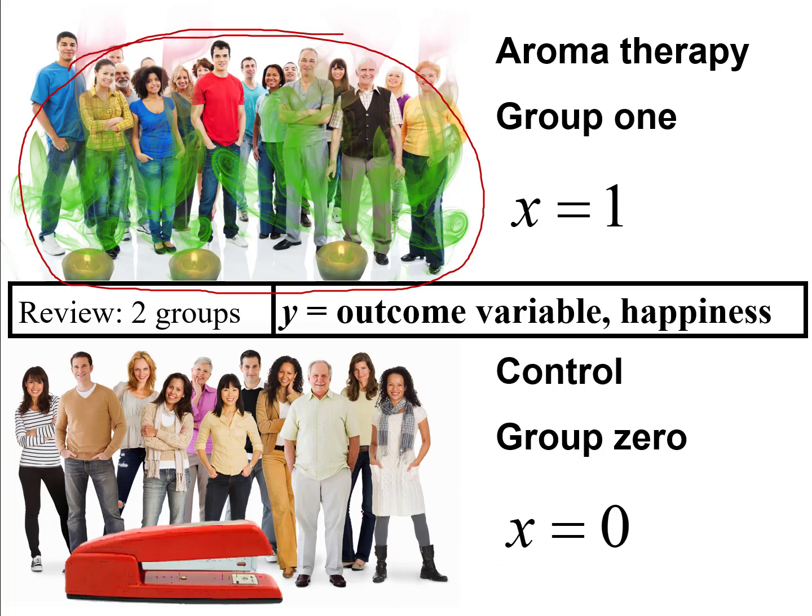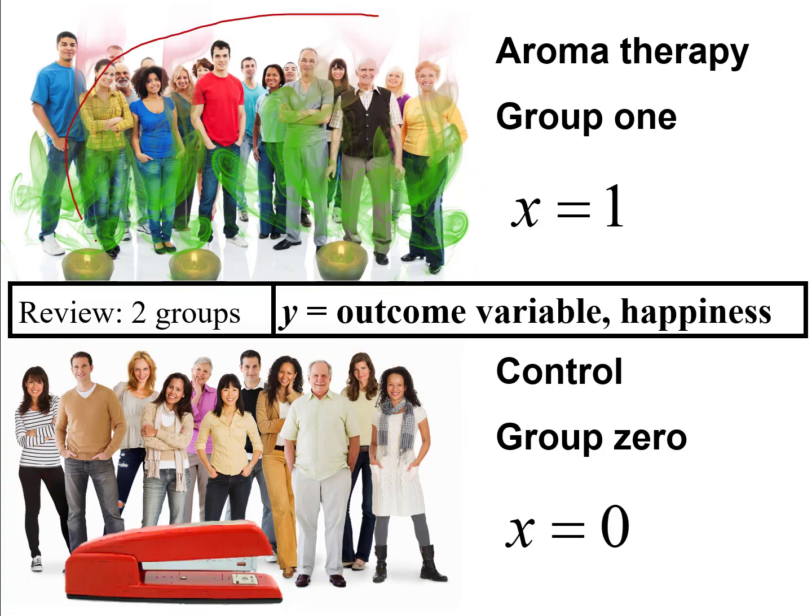Maybe if I expose people to this green happy gas, they might feel happier and not so sad about the end of their statistics class. And then maybe I have a control group, which I just expose to this inert object and they sit around or watch the stapler, which is not supposed to have any effect. So I have my happy green gas aromatherapy treatment group and my control group.